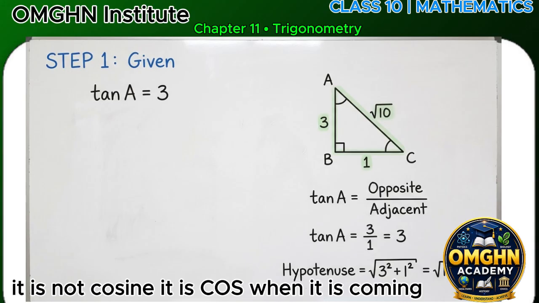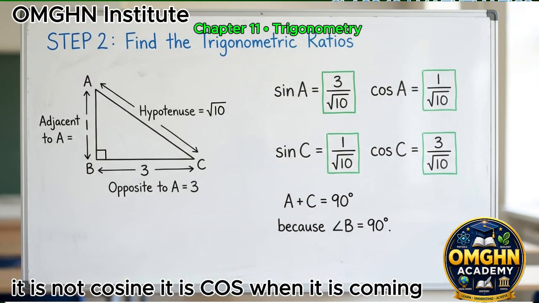Now look carefully at angle C. Since the triangle is right-angled at B, the two acute angles A and C are complementary. Therefore, the opposite side for A becomes the adjacent side for C. So, sine C is 1 by root 10 and cosine C is 3 by root 10.